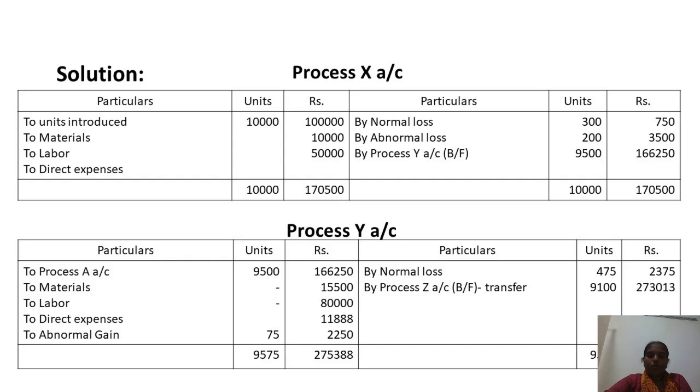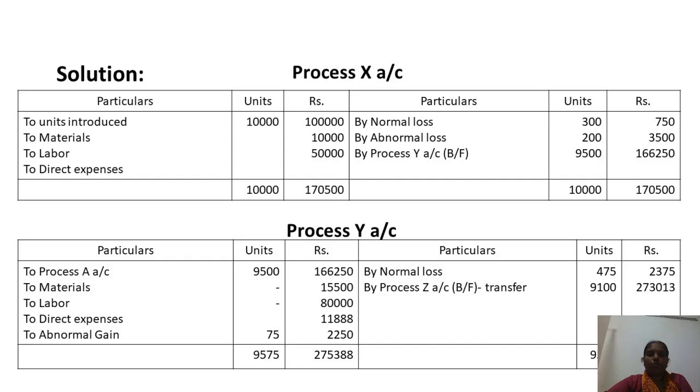So what we should do is add up all the amounts, that is 1,66,250 plus 15,500 plus 80,000 plus 11,888 minus 2,375, divided by 9,575 minus 9,500 minus 475.